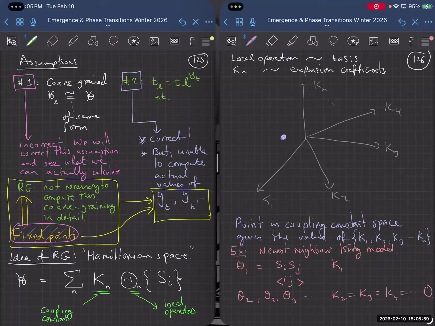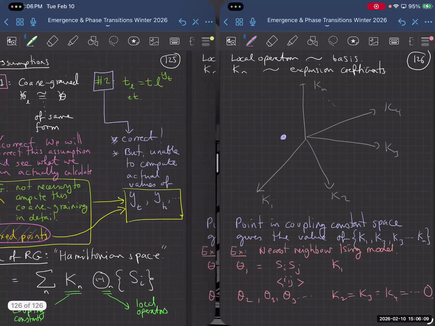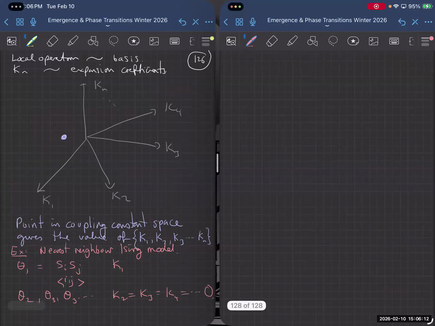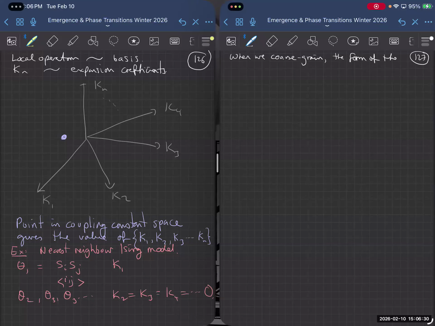Hamiltonian. So what happens? Well, now when I coarse grain the system, new interactions are going to be generated. So the picture is that when we coarse grain, the form of the Hamiltonian can change.